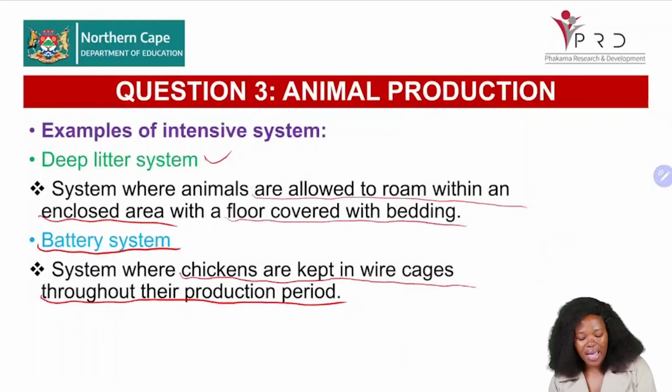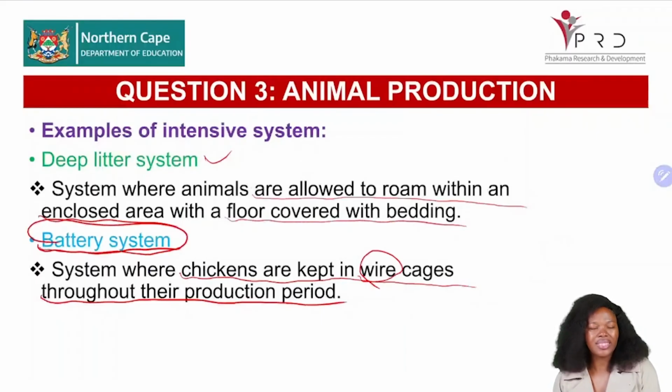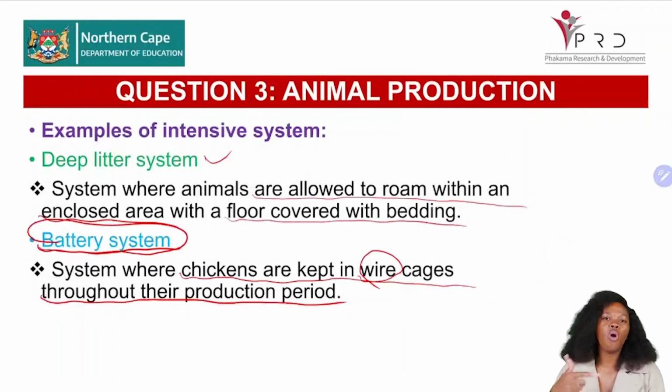Remember, they are kept in wire cages throughout their production period, up until they are done laying eggs. This example of intensive production system is the battery system. They are in wire cages, while in deep litter, they are on the floor. Movement also is restricted. They are in an enclosed area, or a shelter that is enclosed.